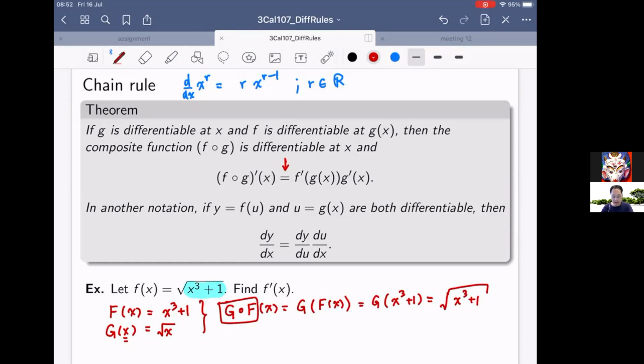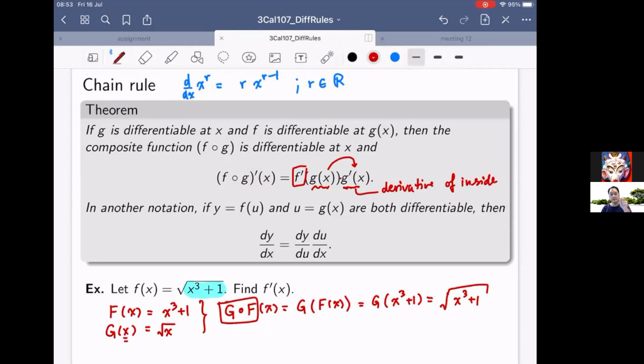It says that if we have a composite function of f or g, then to find the derivative, you find the derivative of the one outside, so this is the derivative of only the f, and then after that you replace your x by g of x, and then multiply by the derivative of the inside. This is usually called the derivative of the inside, multiplied.